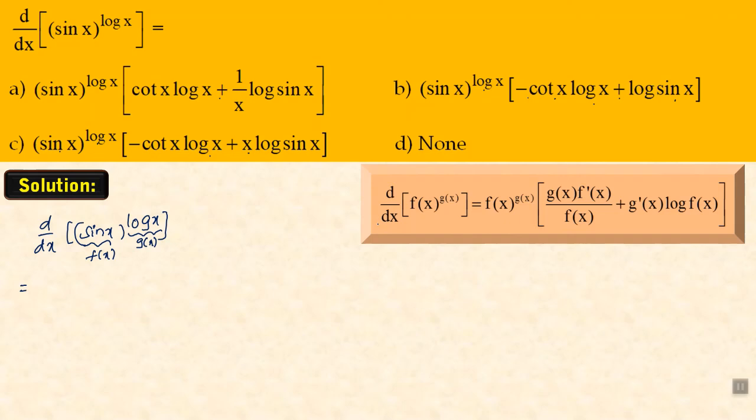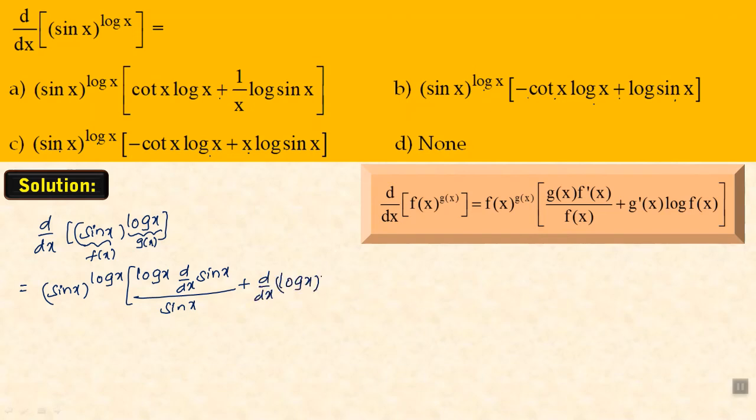We know that d by dx of f of x whole power g of x is equals to f of x whole power g of x, that is sin x whole power log x into g of x, that is log x, into f dash of x, that is d by dx of sin x, divided by f of x, that is sin x, plus g dash of x, that is d by dx of log x, into log of f of x, that is log of sin x.